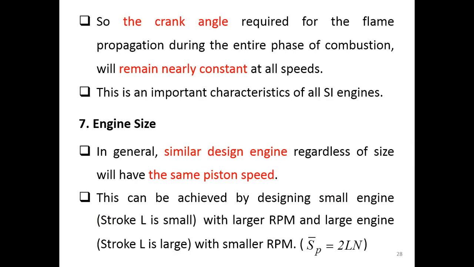Number 7, the engine size, has effects on the second state of normal combustion. In general, if you go for similar engine designs, no matter what size, if the engines come from the same family, they always have the same piston speed.